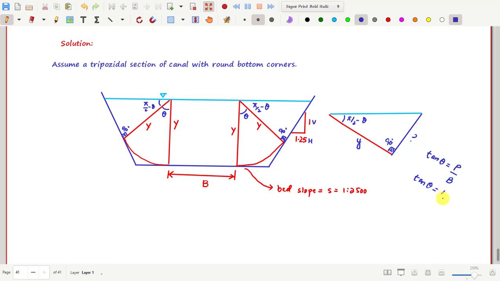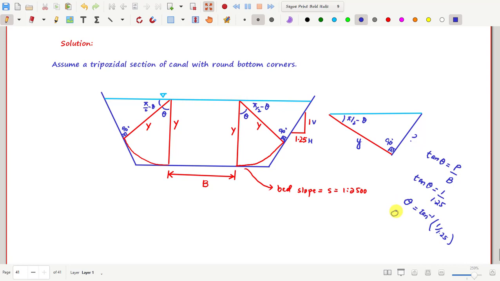So tan theta will be equal to 1 divided by 1.25. So from this, can we find out the value of theta, right? Theta is going to be equal to tan inverse 1 divided by 1.25.